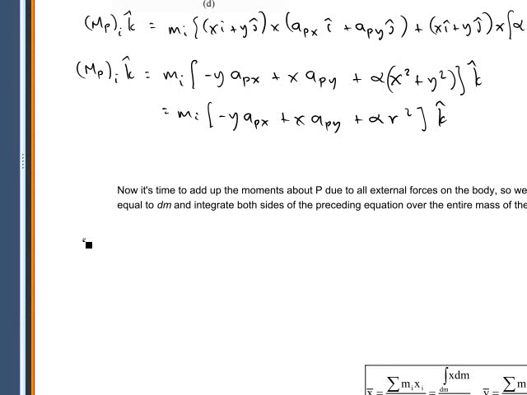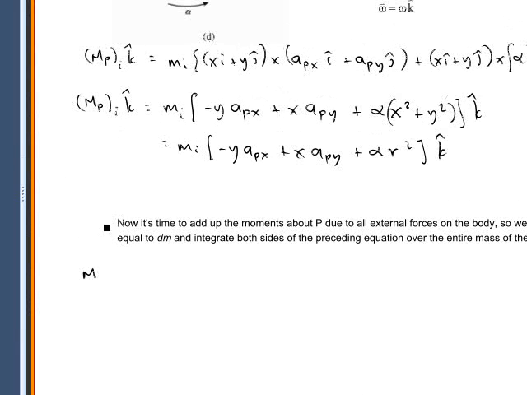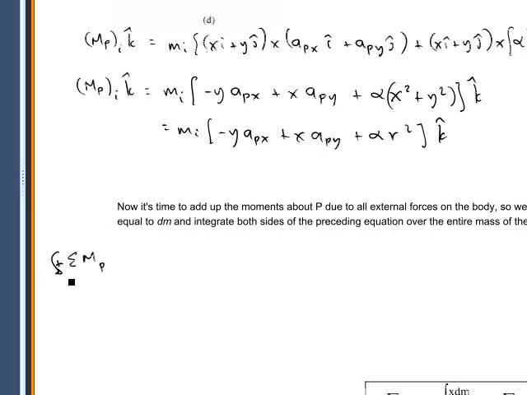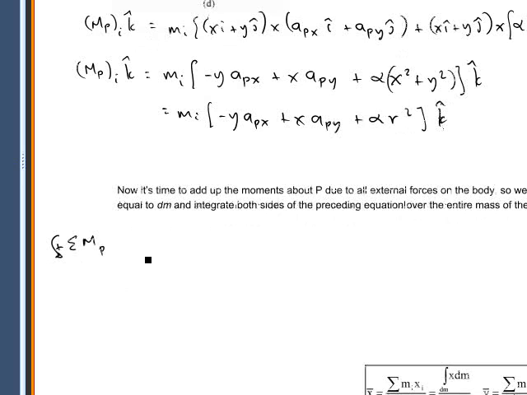So I'll say, instead of MP about I, I'll say the sum of all the moments about point P. And I'll make my positive direction the same as it is for alpha and omega.